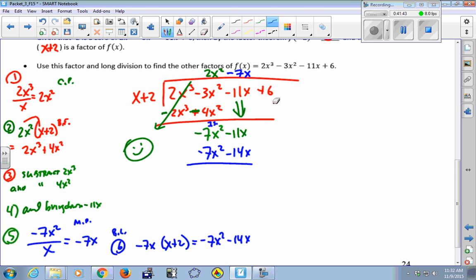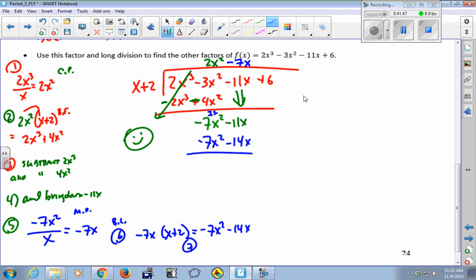And who wants the next step? Shannon, how about you? Right, I have to subtract. So I have to change that to plus and that to plus, and it gives me 3x. And then I bring down the 6. Okay. Whew, almost done.